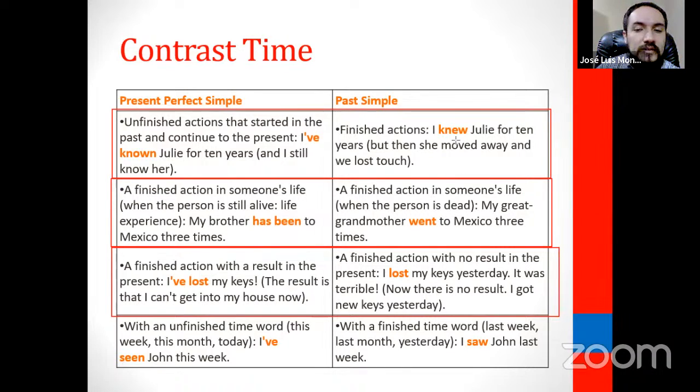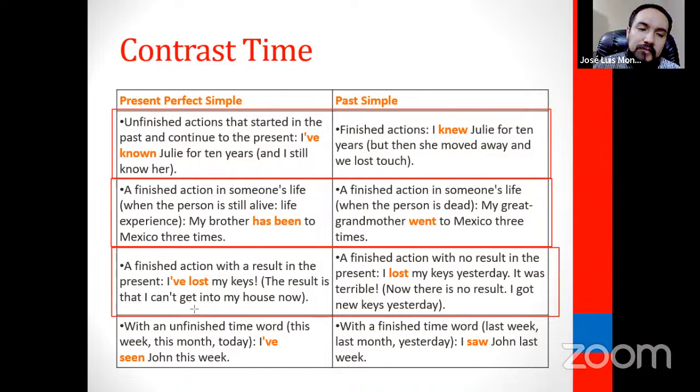It was terrible. Now there's no result, right? I got new keys yesterday. So this problem was already solved yesterday, and there's no connection with today. So if that's the case, then you know which one you have to use, present perfect or simple past.